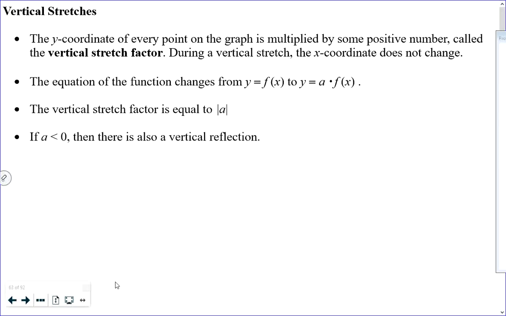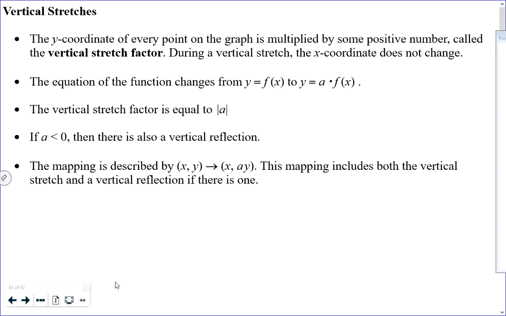If a is negative, there also happens to be a vertical reflection. Okay? That's just tying together what we learned yesterday with today. The mapping, be very careful here, is that y turns into a times y, not the absolute value of a times y.